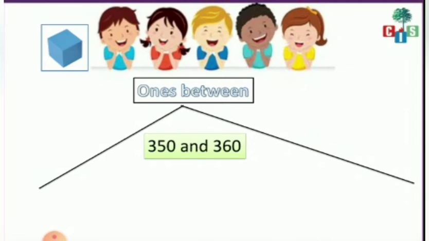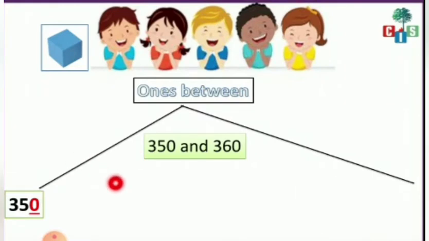350 and 360. So we have to find between these two numbers only. So the first number is 350, and you all know the place value, right? So here if you see, I have colored one with the red, and it's the place value of ones, and we are doing ones, right?